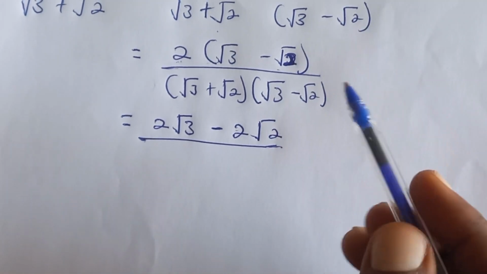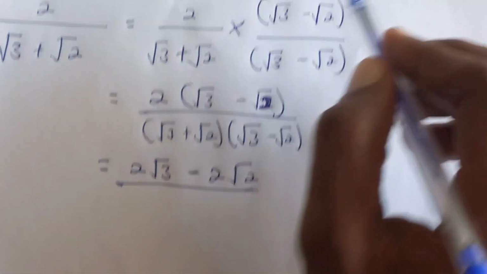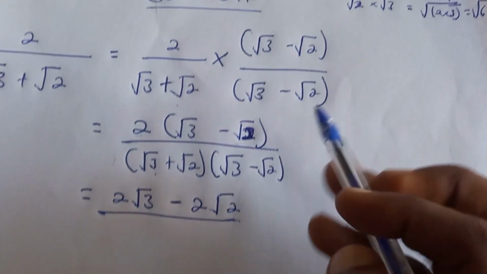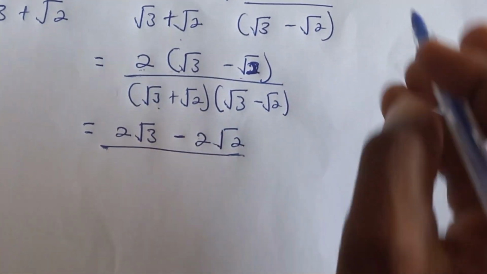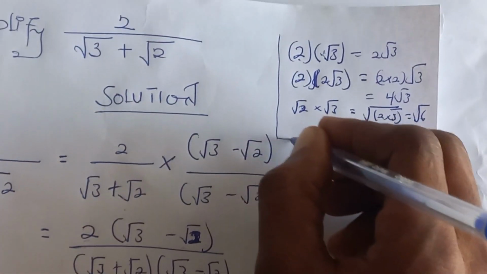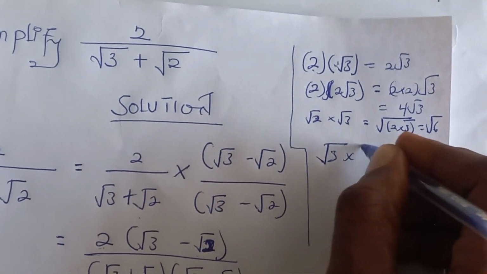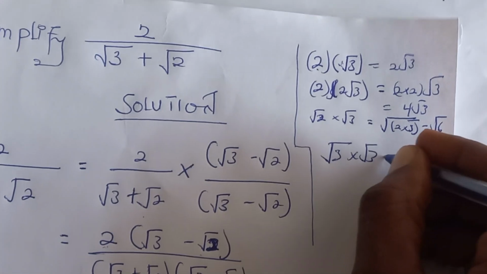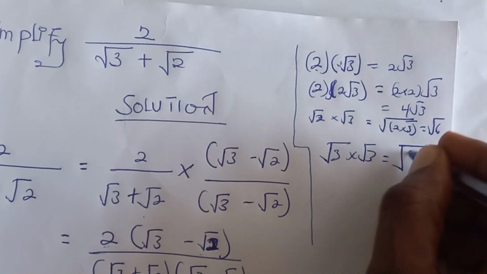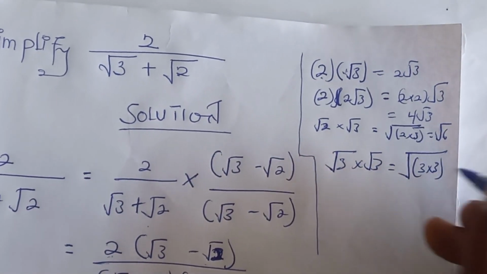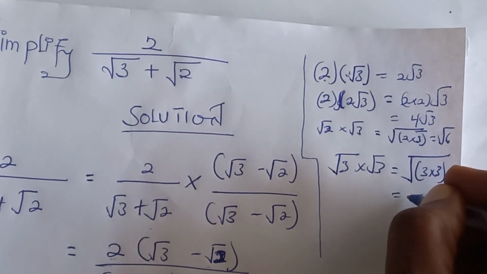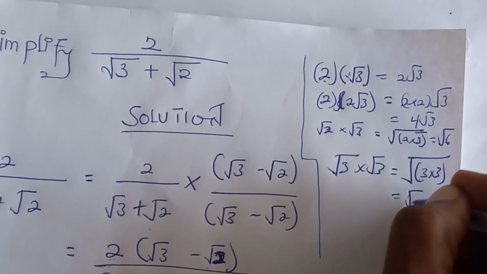Now, as you can see, we are having root 3 multiplied by root 3. So which is 3 times 3, you see, under the root. So we are going to get 3 times 3, which is what? 9.